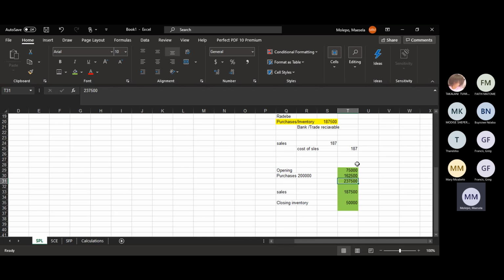Whatever remains will go under the unrealized. Is it making sense? Or am I talking Greek? It's making sense. Okay. So the 75,000 will be realized profit, and the closing 50,000 will be unrealized because it will be realized next year when we sell that inventory.